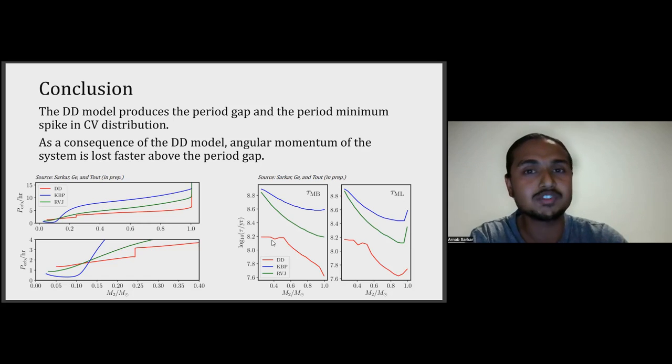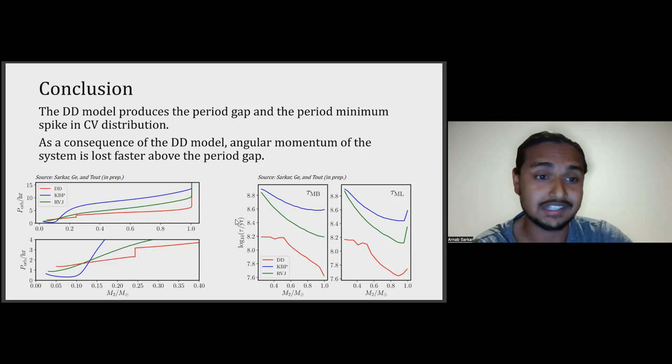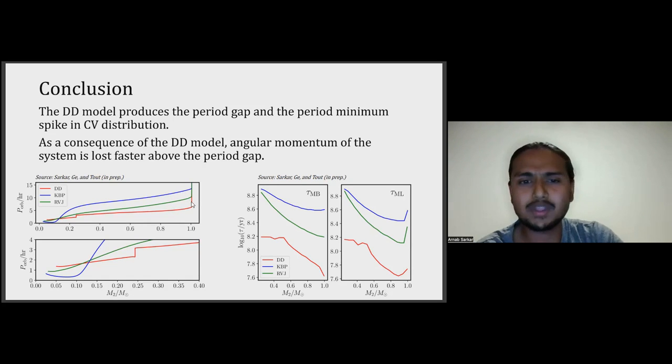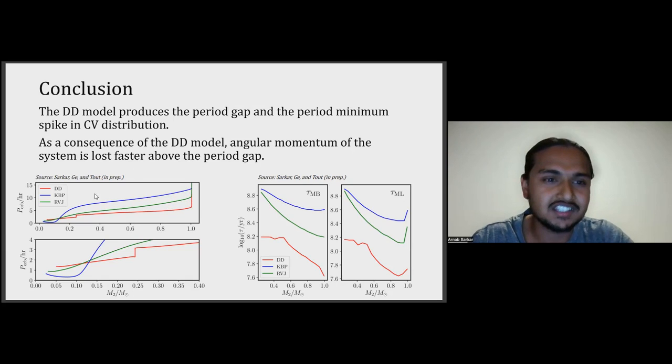So we see that our DD model causes the system to lose angular momentum much faster, and this has profound consequences, as can be seen in this plot. Here we plot a system with a one solar mass white dwarf and a one solar mass donor with an initial period of 2.3 days under these three mechanisms of angular momentum loss.